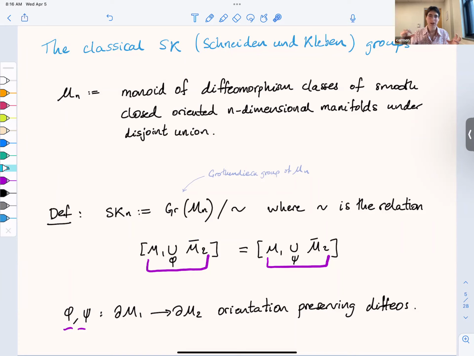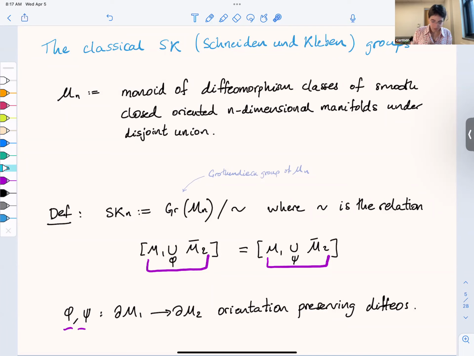So you do get orientation preserving diffeomorphisms when you are gluing your boundaries. Right, so that's the definition of the SK group. The SK stands for schneiden und kleben. Actually, that's just cutting and pasting. So this is the definition. Let's see what we can do with this group now.